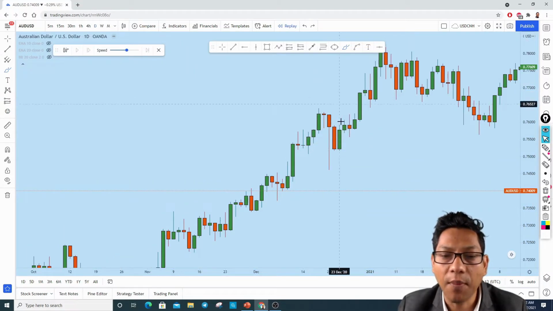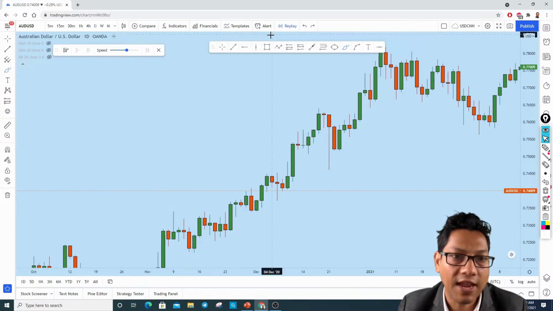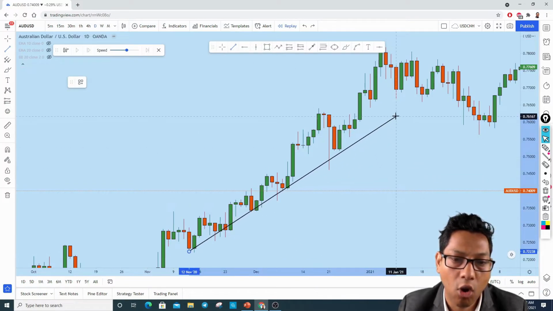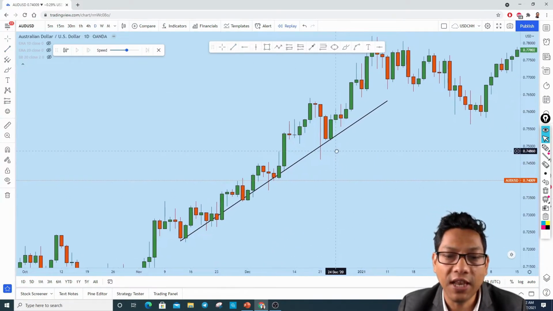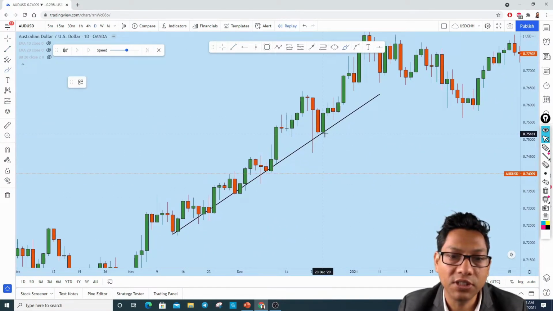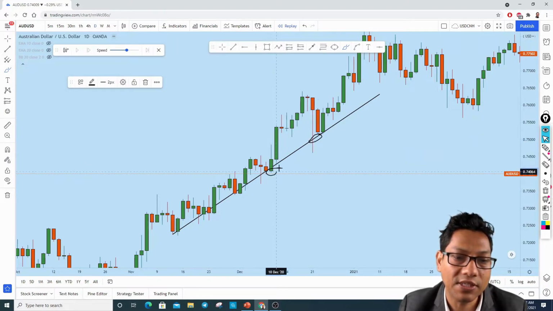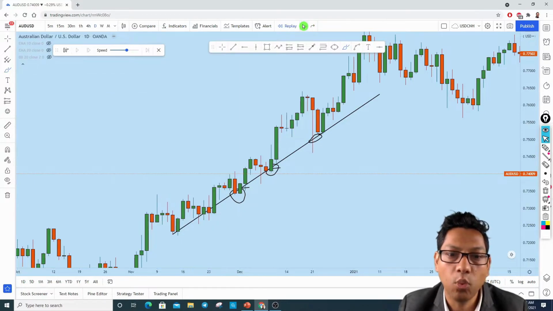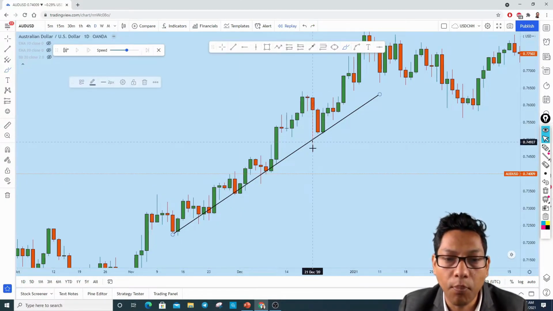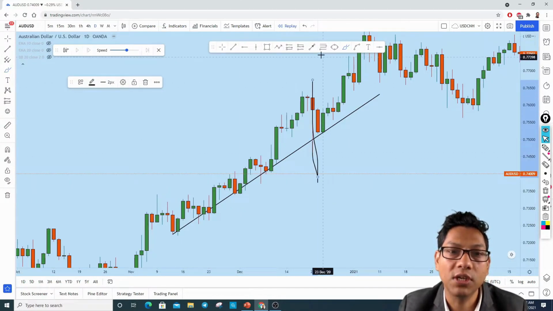So in an uptrending market, this long wick candle is formed at the level of a trend line, at a level of support. This is a dynamic support, a trend line for this move, right? And what happened: this long wick candle broke this trend line and then closed above.